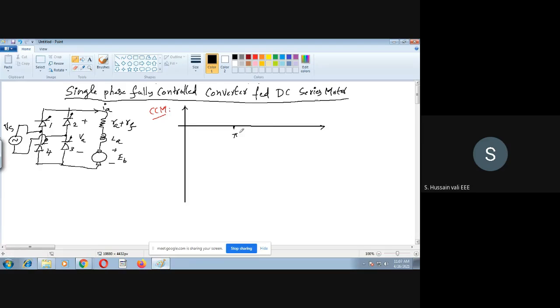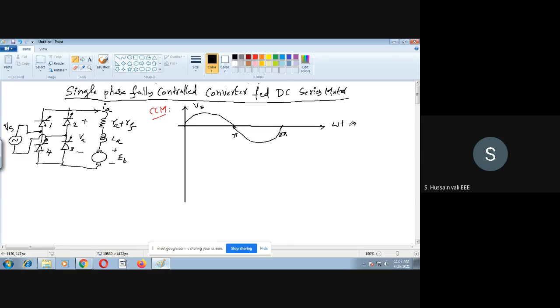It is a sinusoidal voltage. This is Vs, the supply voltage, against omega t.